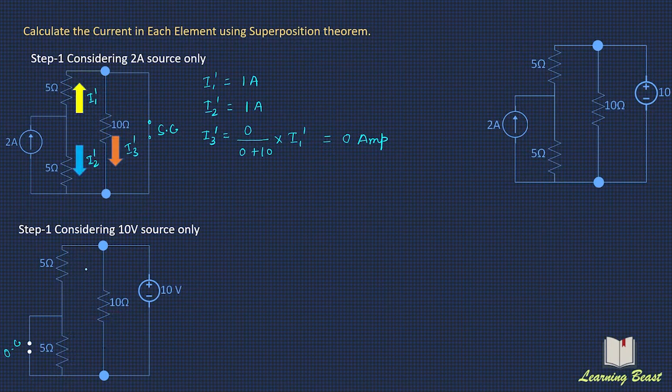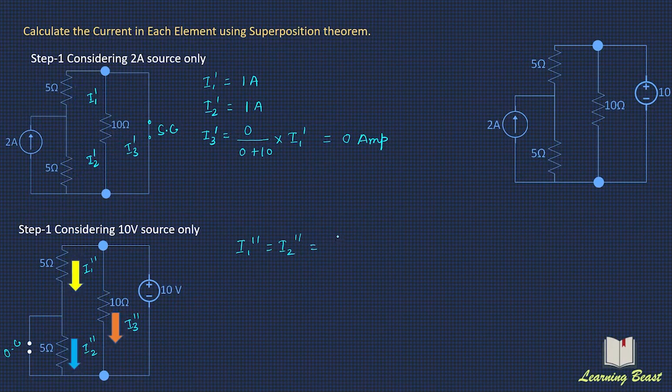Now suppose the current in this branch is I1 double dash. The current in this resistor is I2 double dash, and the current in this element is I3 double dash. So first we will calculate the current I1 double dash. This will also be equal to I2 double dash because both the elements are in series.